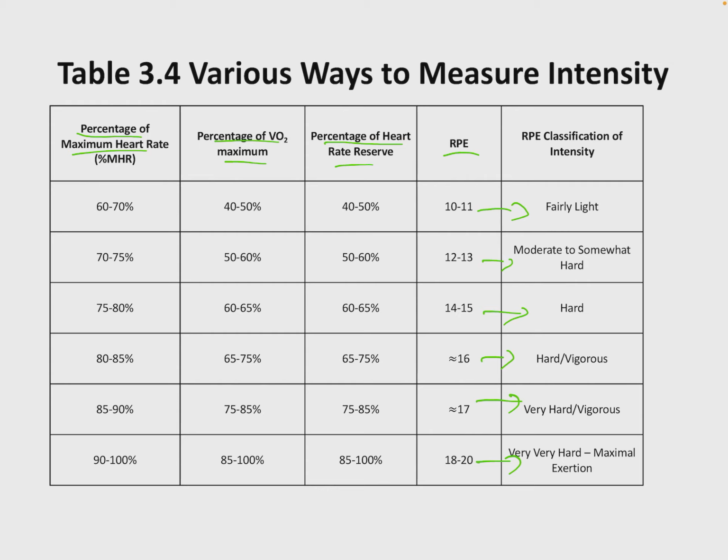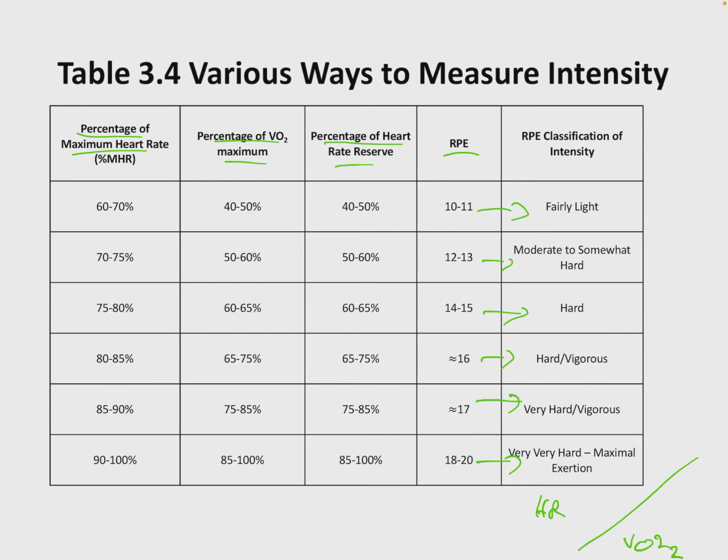Talked about before how there's that linear relationship between heart rate and VO2 max. So if somebody's working at a higher intensity, their heart rate is going to be higher. They're going to be utilizing a greater amount of oxygen delivered to their muscles, and therefore the VO2 max is going to be higher.